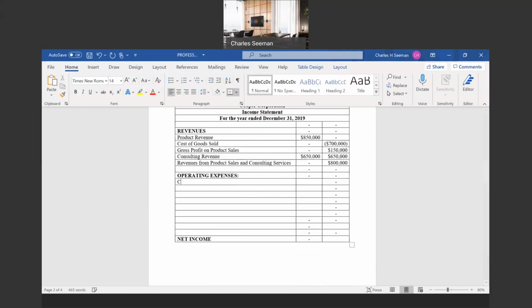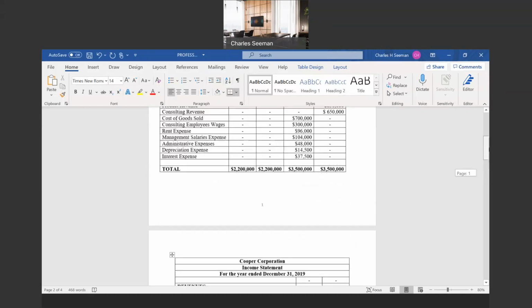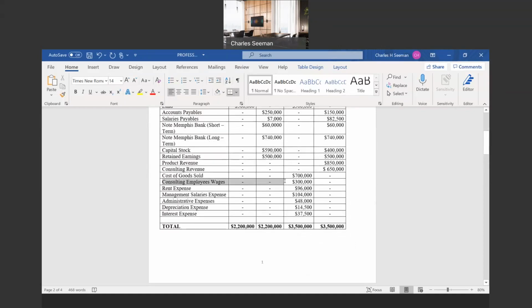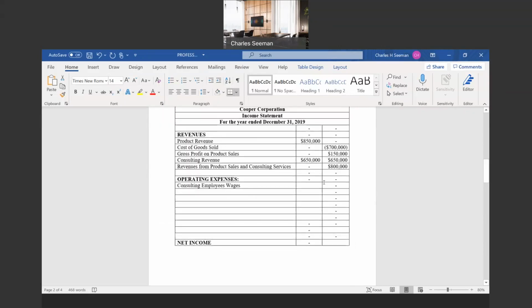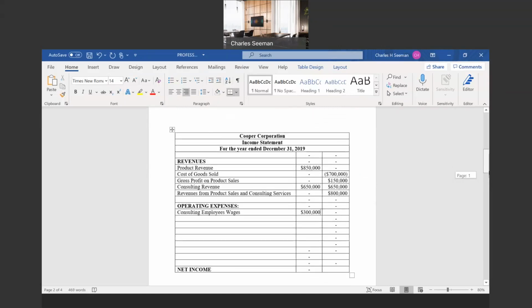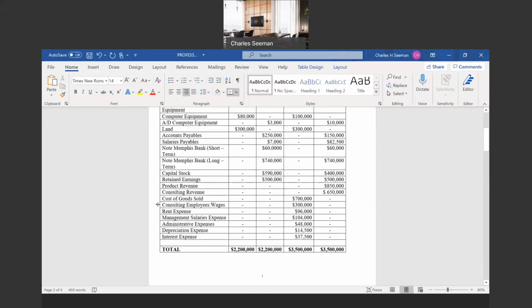So I start with consulting employees' wages. That's $300,000. And I go to the next item, which is rent expense.